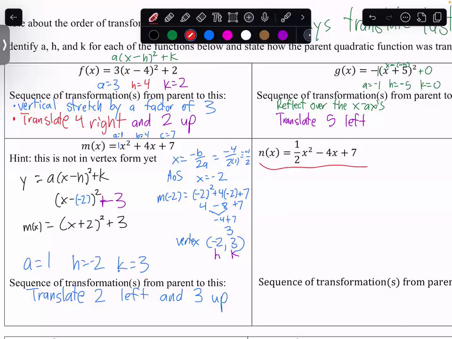Even though it's getting bigger, it's getting compressed. Okay, so we're done with A, but we gotta do H next.